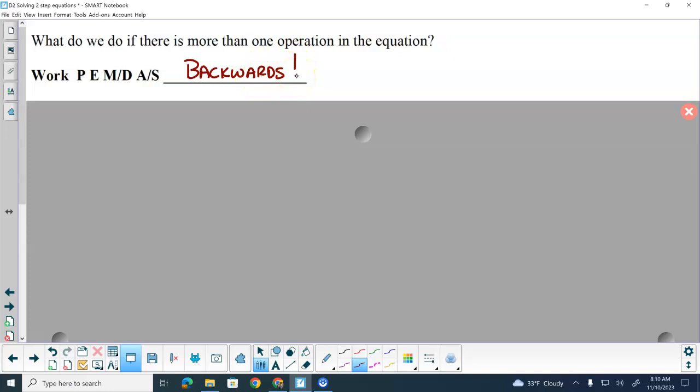Okay? So we're going to do adding and subtracting first. Then we're going to do multiplication and division. Then we're going to do exponents. We're going to work those order of operations backwards. Okay?